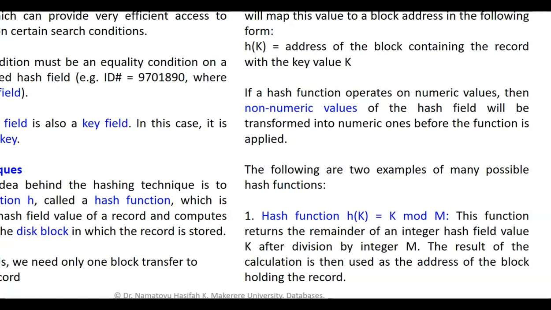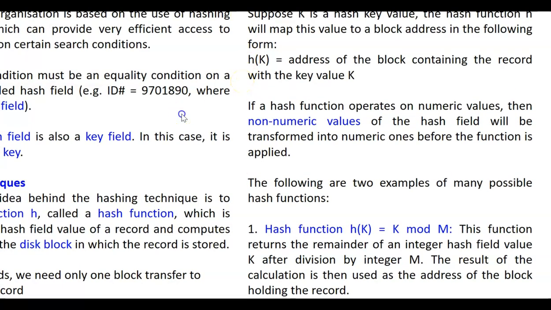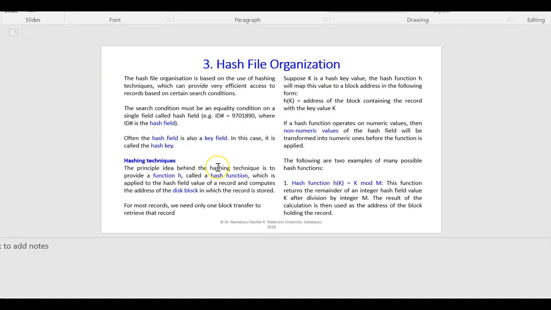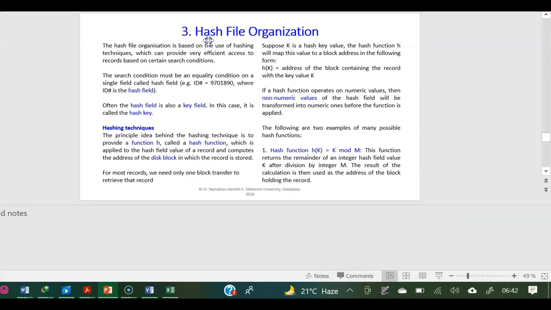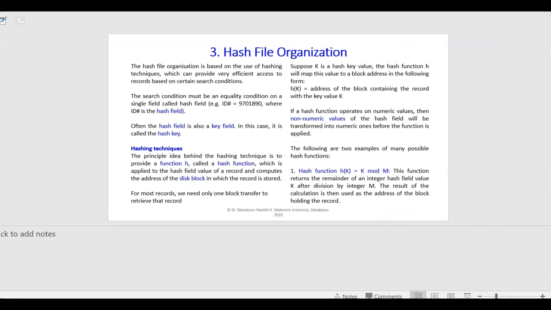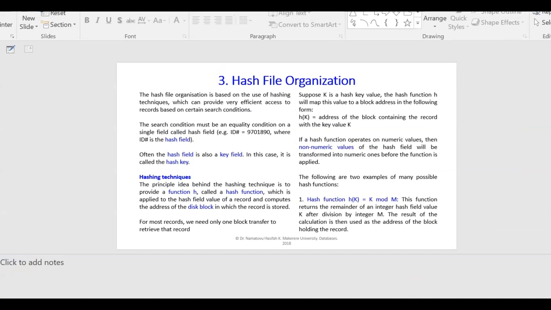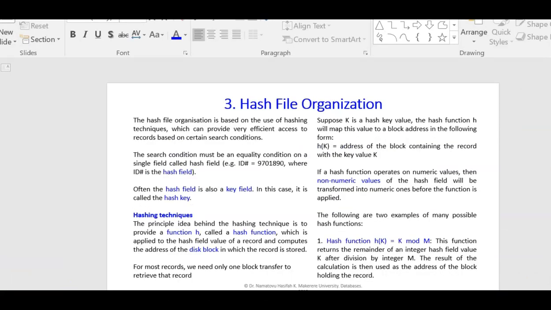So the following are two examples of many possible hash functions. For example, you have a hash function K mod M. This function returns the remainder of an integer hash field value K after division by an integer M. What this means is we have a technique in hash functions called division remainder hashing.